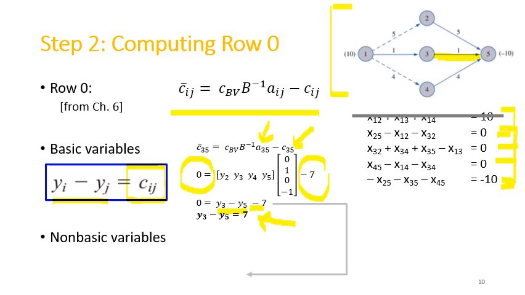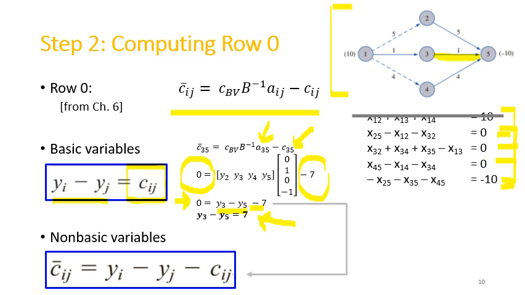And then for the non-basic variable, we just take this row as an analogy or idea, and then we can conclude that for non-basic variables, Cij with hat equals yi minus yj minus Cij without hat.